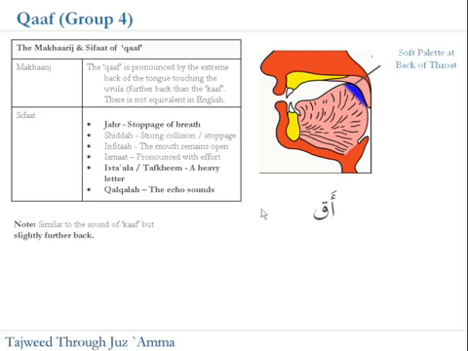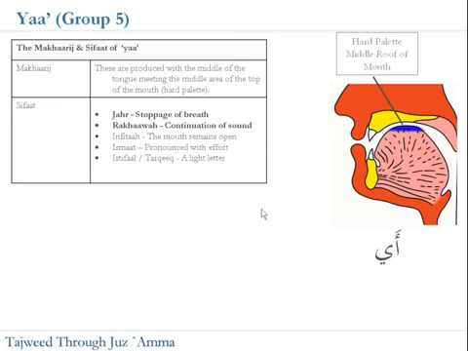It requires the releasing of the tongue from the back of the throat in order to complete the sound, and it's a stoppage of breath again. And this is known as a heavy letter because the back of the tongue actually raises and the air pressure is forced up vertically towards the top of the mouth. Okay, so just simply move the tongue back slightly from where you say the kaf and you'll get the qaf. Some people say qaf and that's too heavy. We just say qaf.